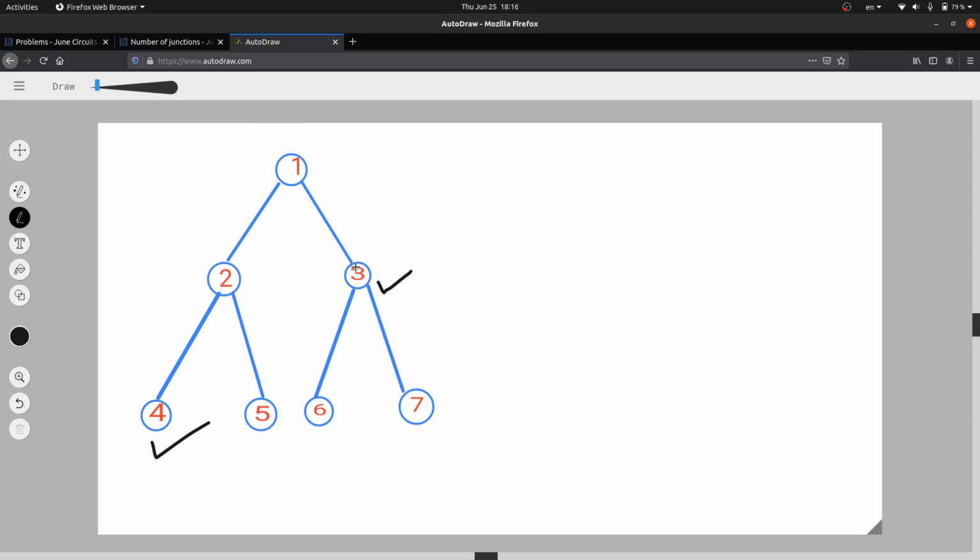So the depth of this is 1 and the depth of this is 2. We will first take the node that has more depth. So this has more depth. We will find its parent until its depth becomes equal to the other. Okay, so its depth is 1. So we will recursively find its parent until its depth becomes equal to this.